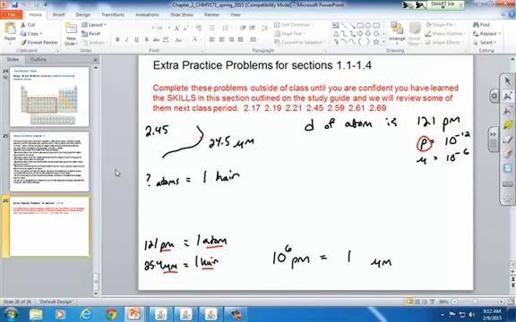So that's the other relationship I need. Once I go from hair to micrometers, then micrometers to picometers, then I can go from picometers to atoms. So I need to set up 3 relationships. After that, it's the easy part. I just have to plug my relationships in to get the undesired units to cancel.